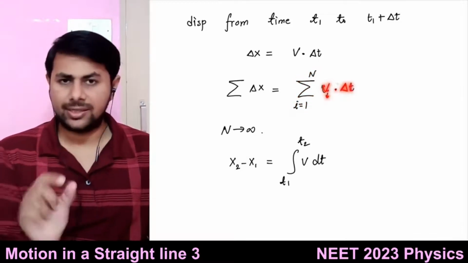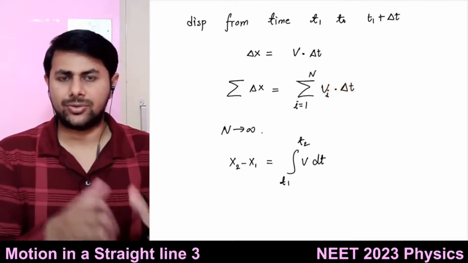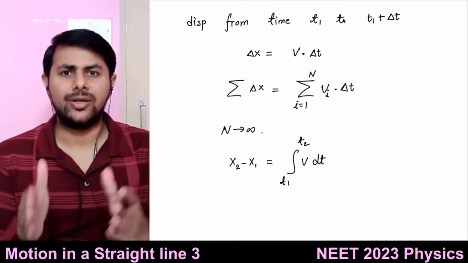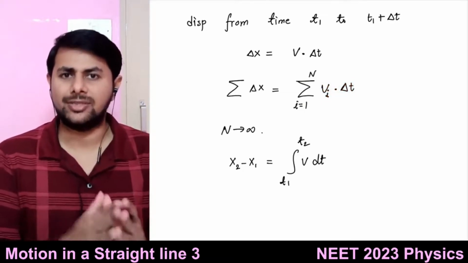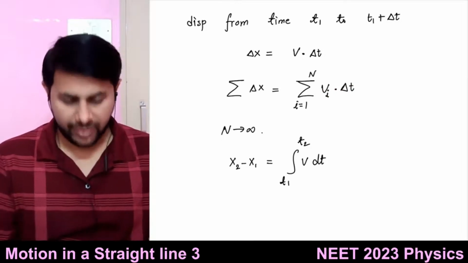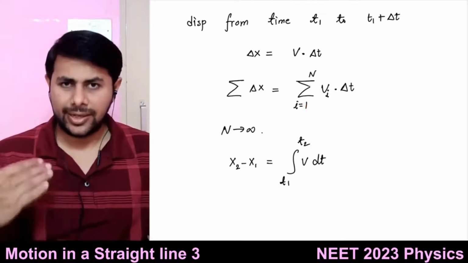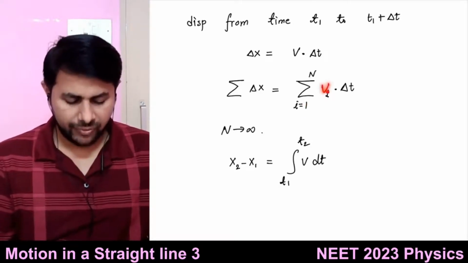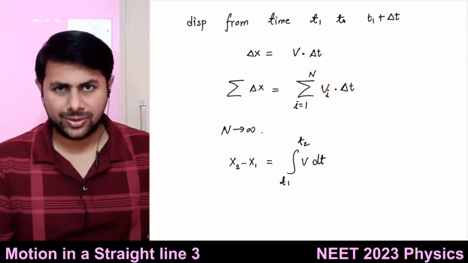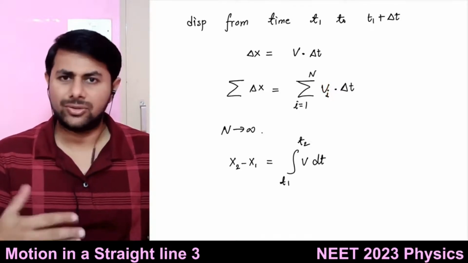Delta t is equal, right? We are dividing the total time interval into equal, small segments. How many segments do we have? We have n segments, so it is i, n segments. That's why we will take n such values, v1, v2, v3, and so on and so forth.